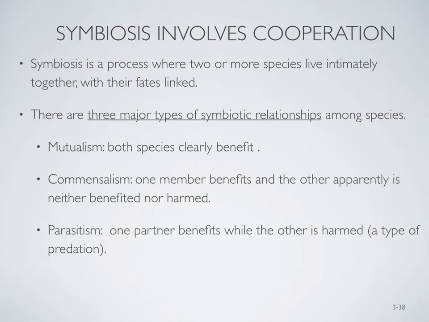In contrast to predation and competition, some interactions between organisms can be non-antagonistic or even beneficial. In such relationships, called symbiosis, two or more species live intimately together with their fates linked.